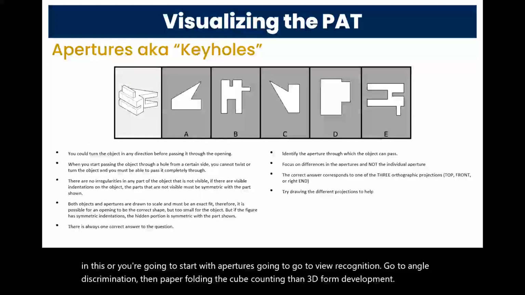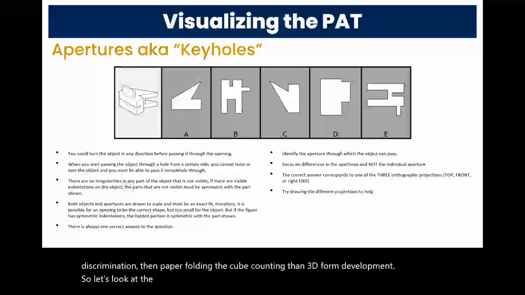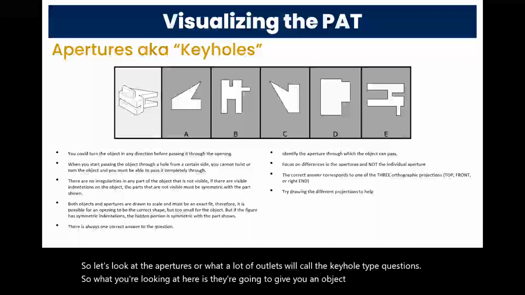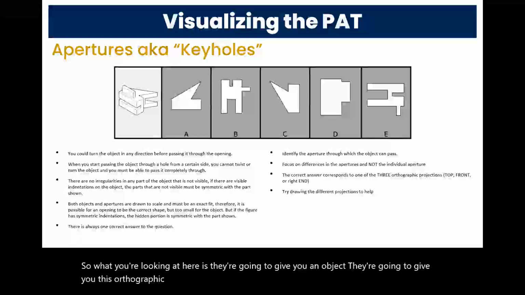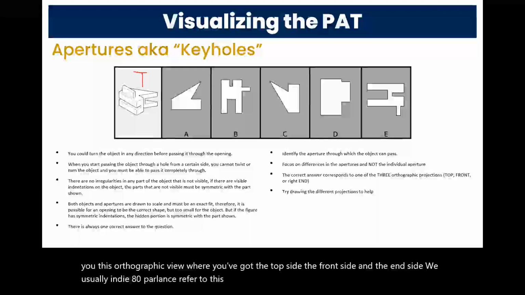So let's look at the apertures, or what a lot of outlets will call the keyhole type questions. So what you're looking at here is they're going to give you an object. They're going to give it in this orthographic view where you've got the top side, the front side, and the end side. We usually will, in DAT parlance, refer to this as top, front, end view.